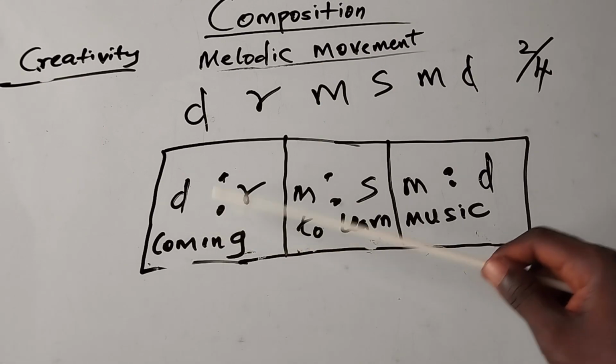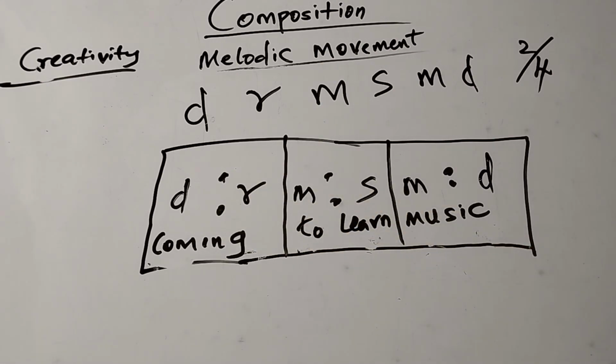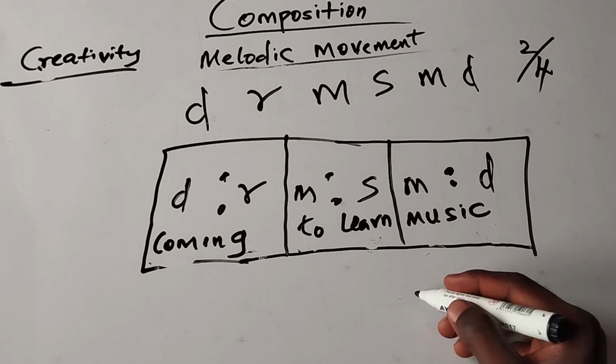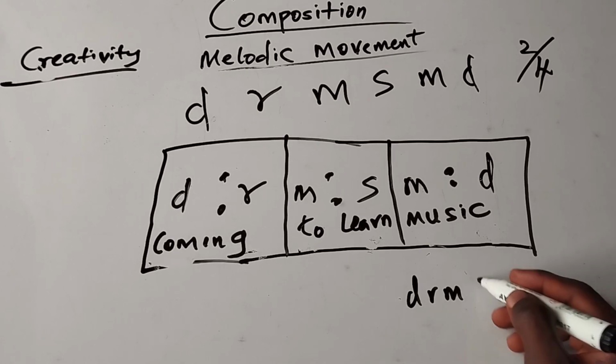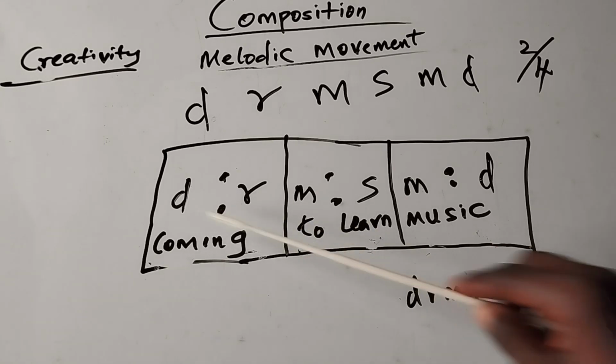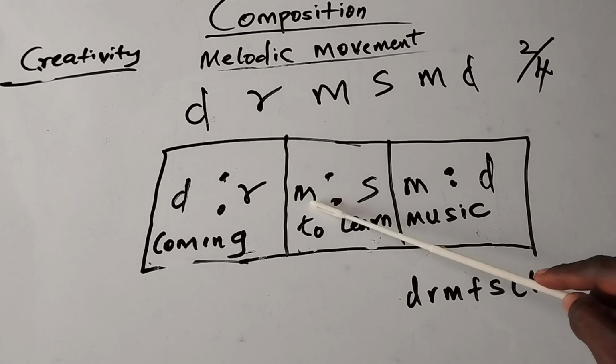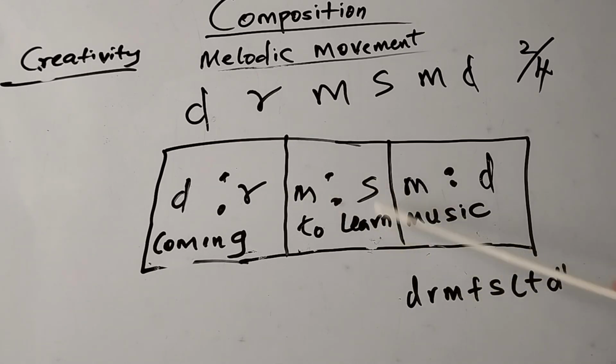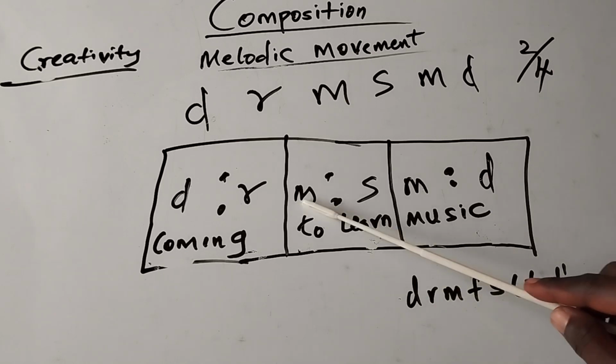If you don't know how to find the sound, go back to your do, re, mi, fa, sol, la, ti, do. So what you have to sing is do, re. This one is mi. There is no fa now. So do, re, mi, fa, sol. So we have mi to sol.